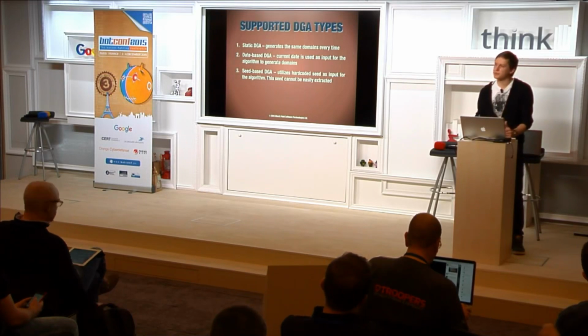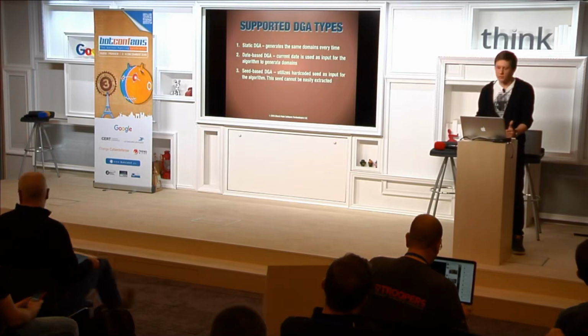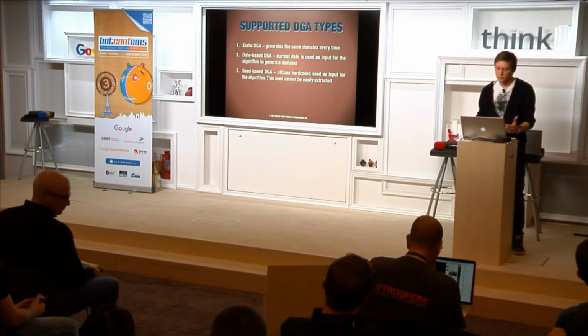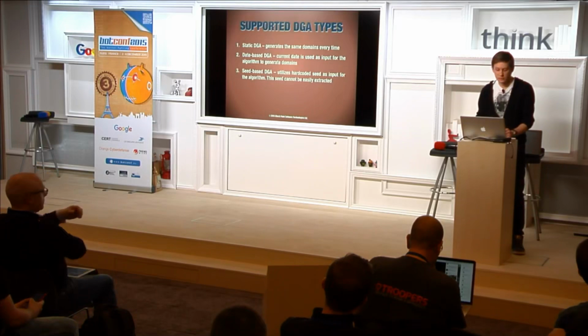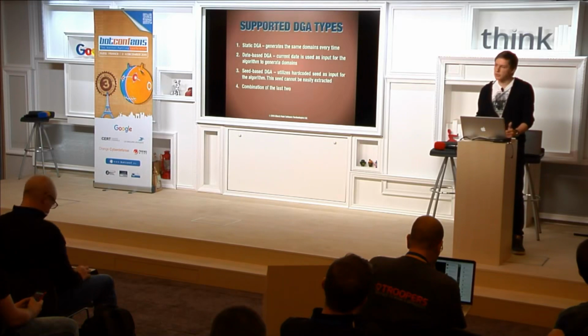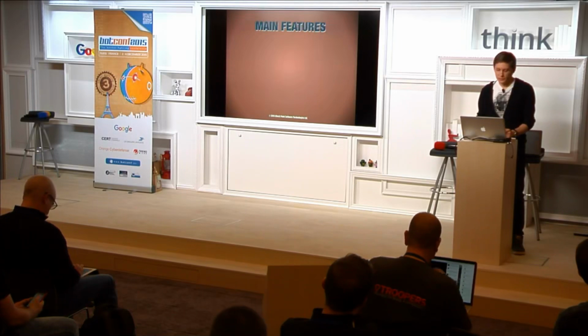So simply re-implementing this algorithm will not help you to get all the domains from different executables. And the most annoying DGA is a combination of date-based DGA and seed-based DGA. So we need a special type of virtual machine to deal with it.